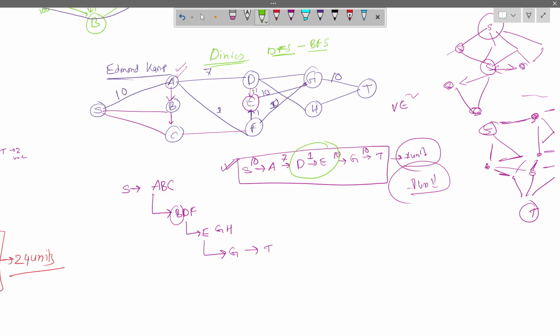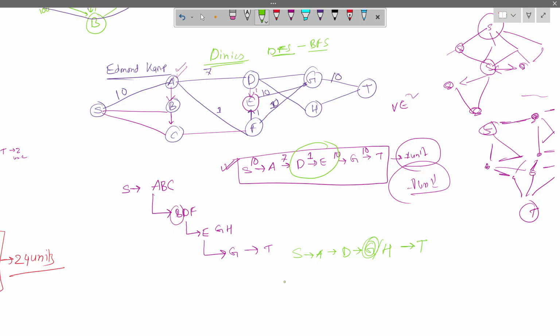Why? Because they have the same depth level. So S to A, A to D, and D to E is adjacent and non-traversed as well, but they have the same depth of 3. So instead of traversing E, D will rather traverse G or H, then T.